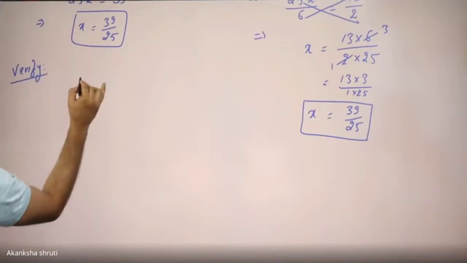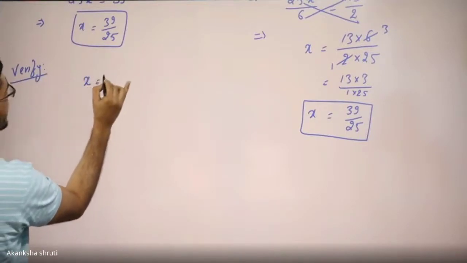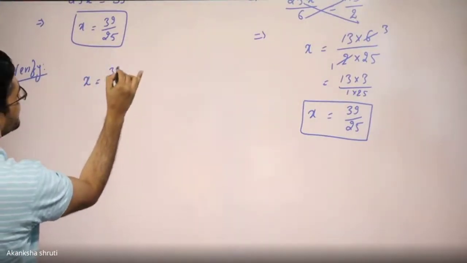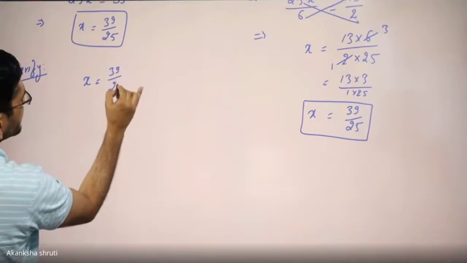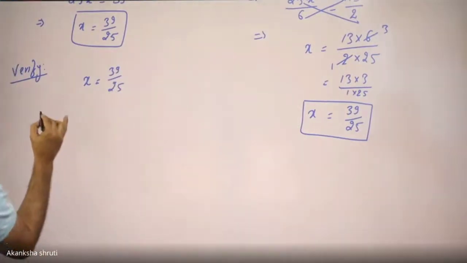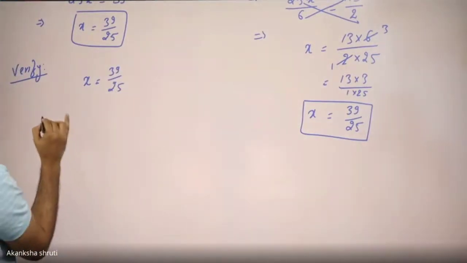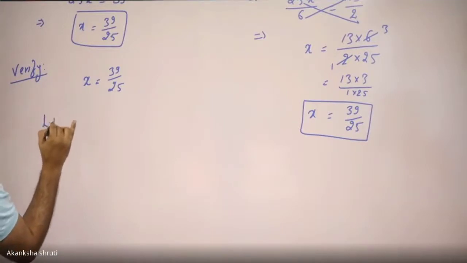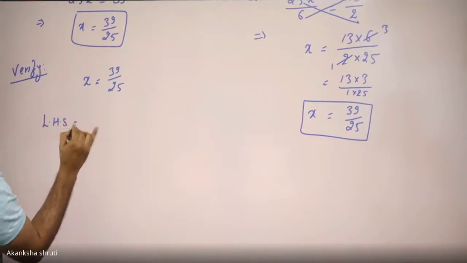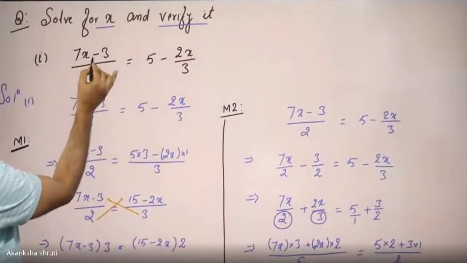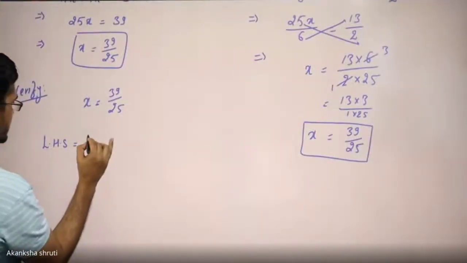So student, whatever the x that we have calculated, write it. It is 39 by 25. This x we have to substitute in the equation LHS. Our LHS is given as (7x minus 3) by 2. Substitute it.